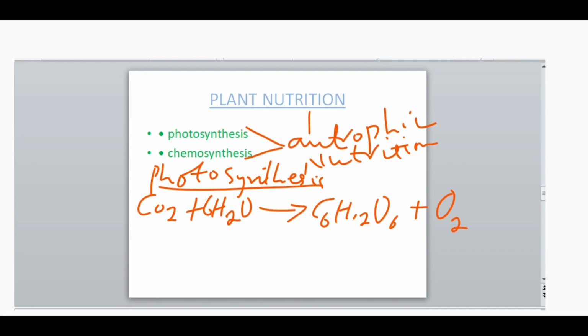To balance this equation, it will be like this. So this is the chemical representation of photosynthesis, where this is the glucose, this is oxygen, and this is the water, and this is the carbon dioxide.